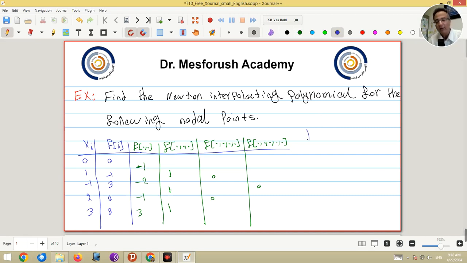Now I can easily write the polynomial of degree at most 4. Okay, let me write it. P of x equals, now I have to use this one, this one, this one, this one, and this one as coefficients of the Newton polynomial.